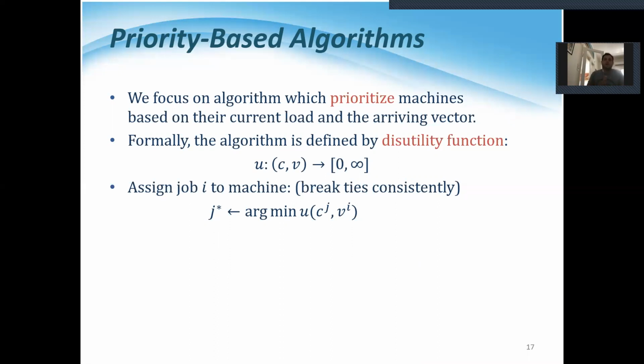Okay, so the algorithm has some disutility function U that depends on the machine state and on the next vector, and it just gives a number between 0 and infinity. The algorithm's assignment is defined as assigning to the bin which minimizes the disutility function. So you can think about it as the algorithm ordering the bins according to the load and the next vector, and assigning to the first bin in the order.